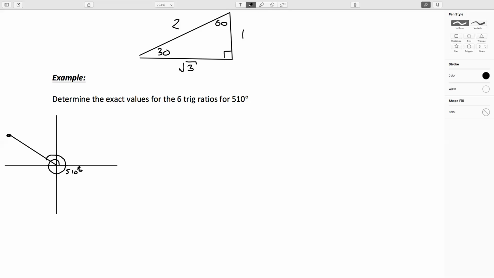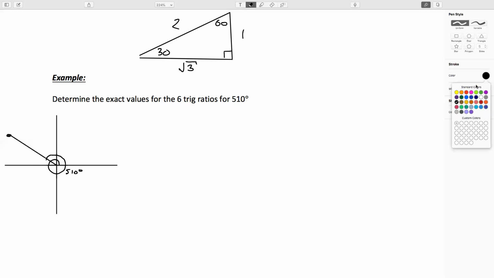Okay, so if we recognize that 360 is here, and if we add another 180 to 360, we get up to 540. 540 is all the way. We've only gone 510, so we are 30 shy.